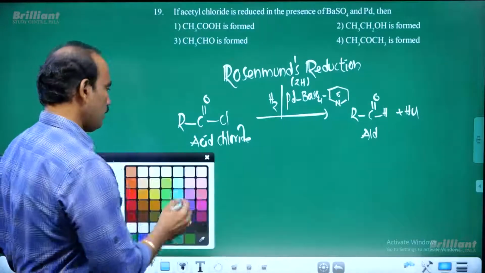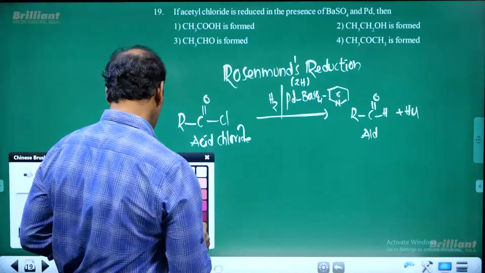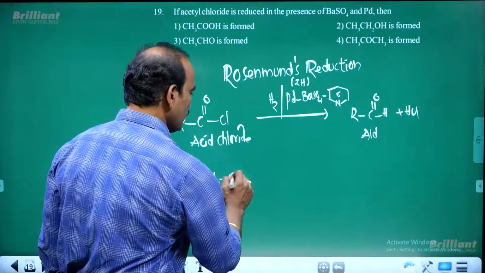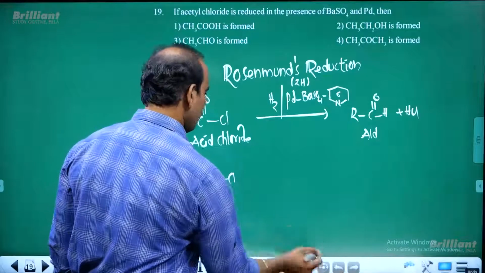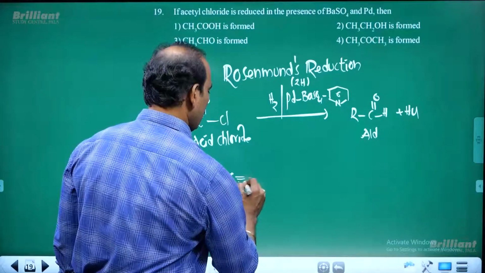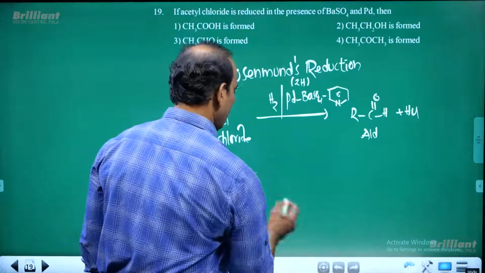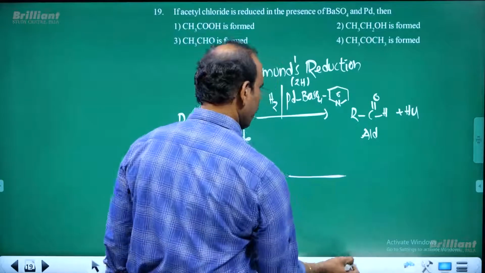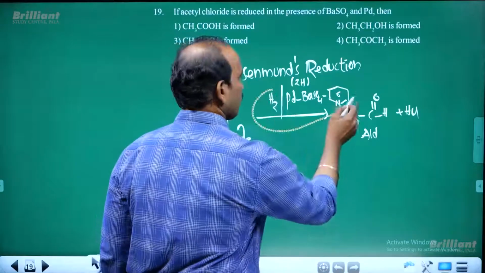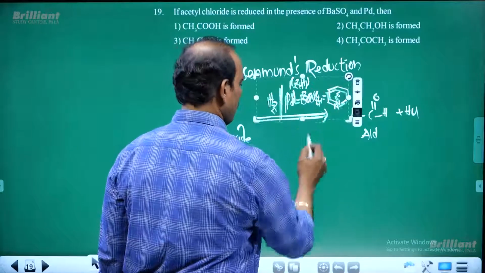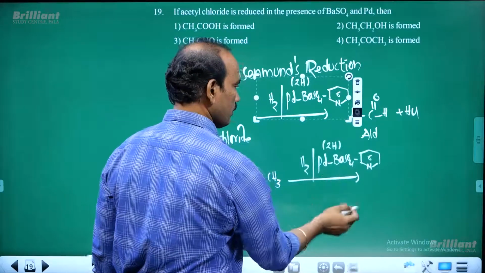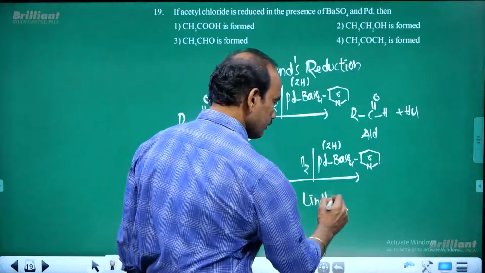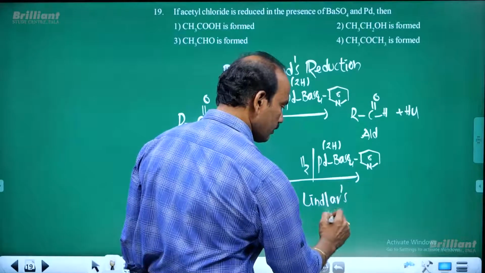What is that? Here CH3, C triple bond C, CH3, and then this is called Lindlar's reduction.